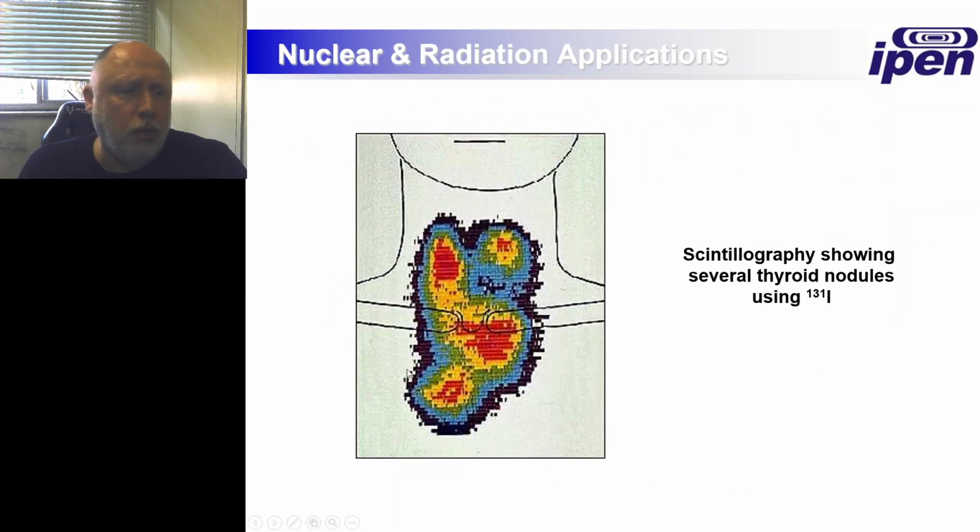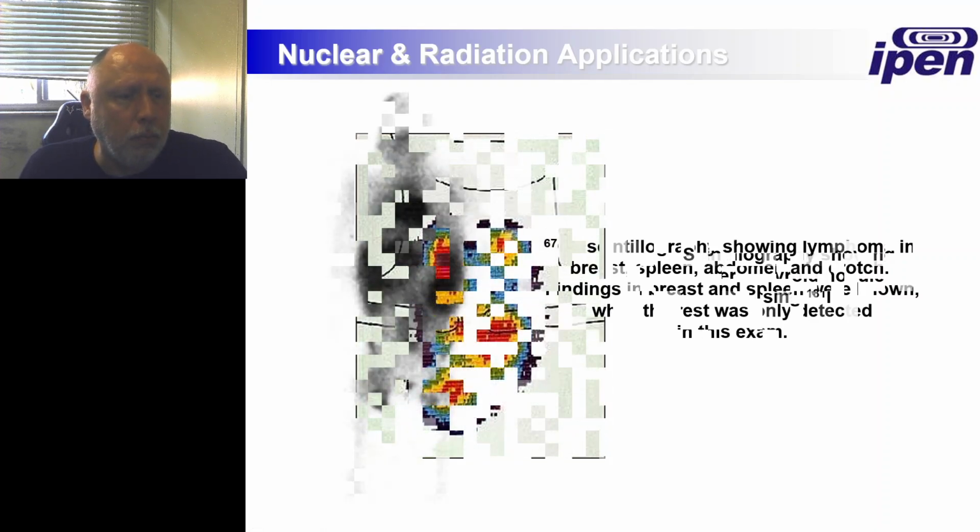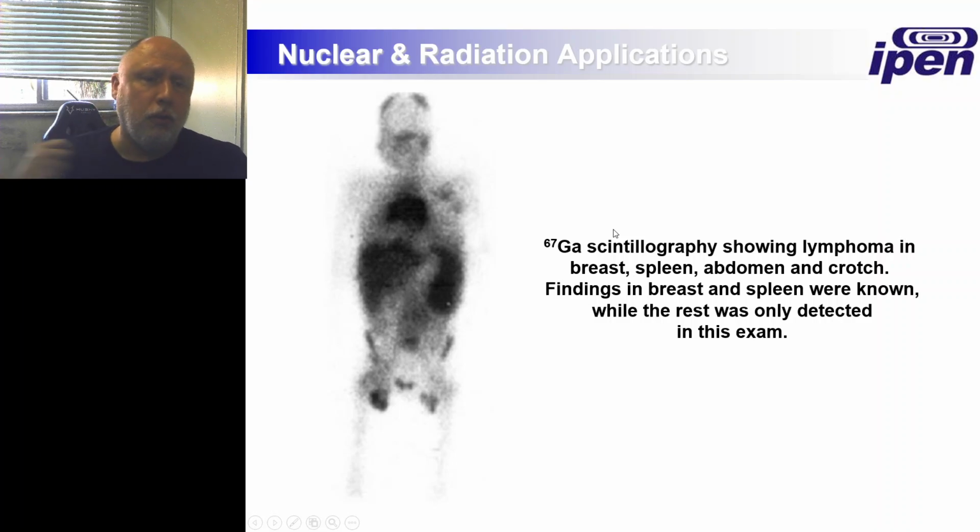Just other things. There is an image using 131. You see a thyroid and you see a lot of nodules. You shouldn't see that, right? So clearly this guy has a thyroid problem. This is another thing. They use gallium to check for addition.